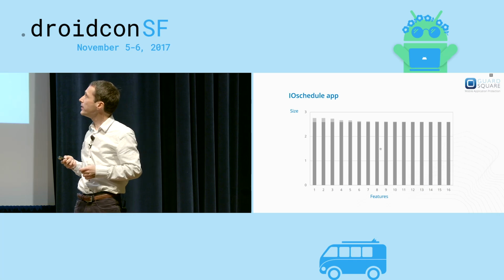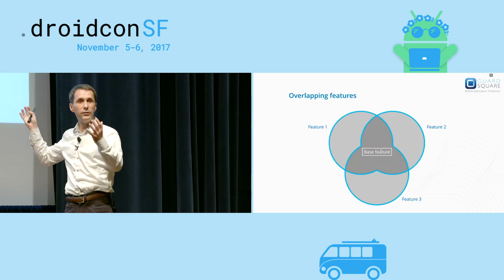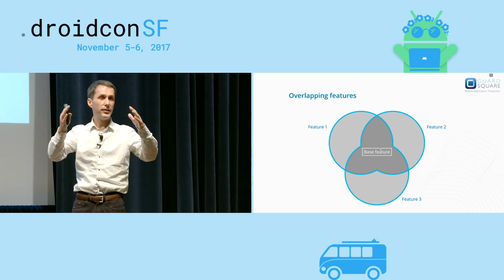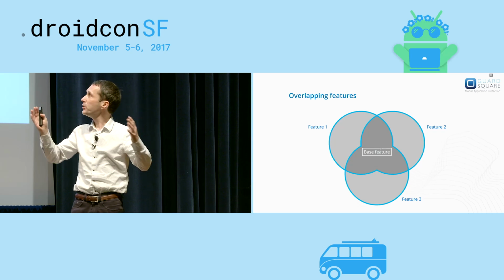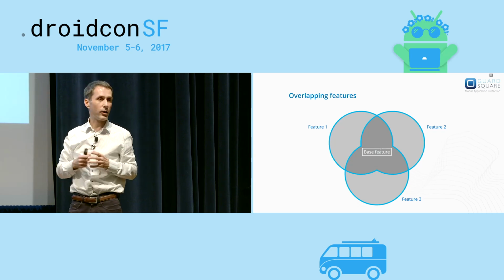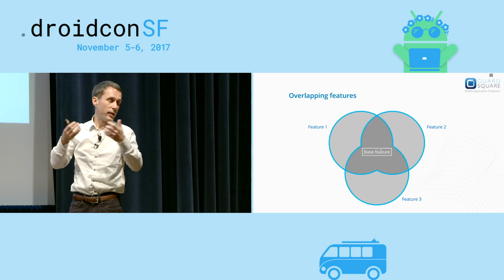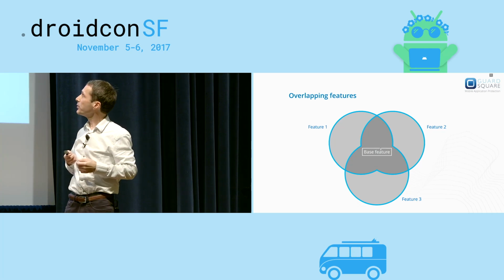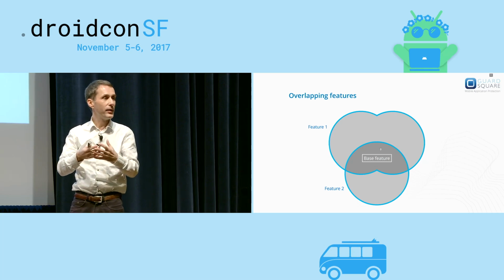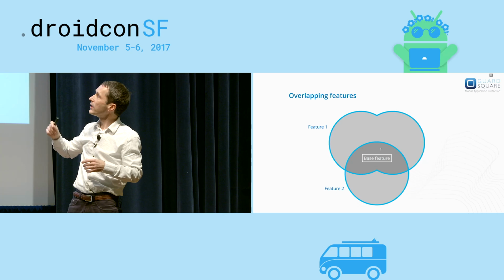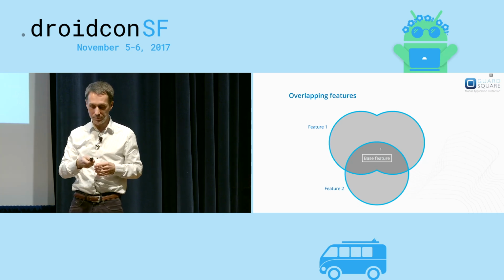And what we noticed there is a typical pattern where you can have 2 features, and they're almost overlapping in all of the code that they share. So they have a huge overlap in the common part. And to solve that, you can try to pull them apart, but an easier solution is to just put those 2 activities into a single feature, so that these features can take up their own APK, and the base feature becomes a lot smaller.